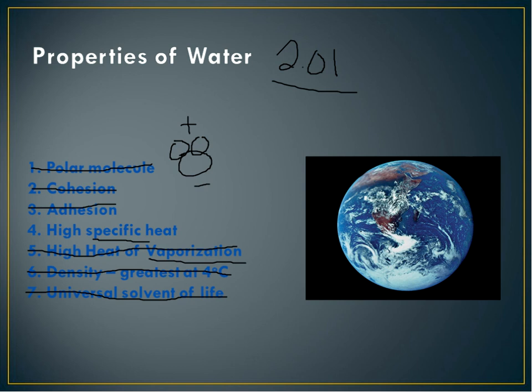Specific heat, it's really close, just means to change the temperature by 1 degree. So either way, water has a high specific heat, which means it takes a lot of energy to change the temperature 1 degree. And it has a high heat of vaporization, which means it takes a lot of energy to boil water as well, compared to other liquids. So just be able to know all those, but you should be able to talk about at least 2 or 3 of those for the DBA.